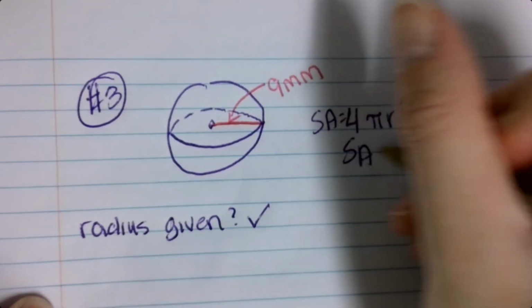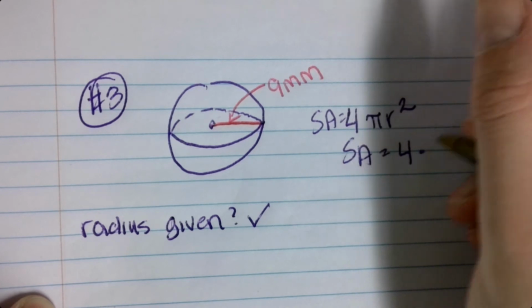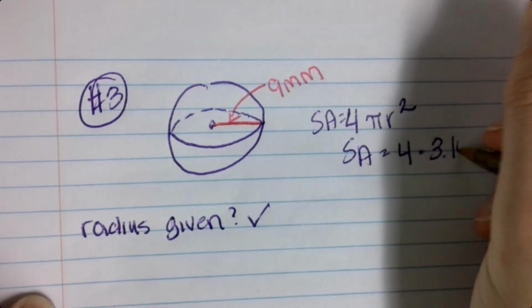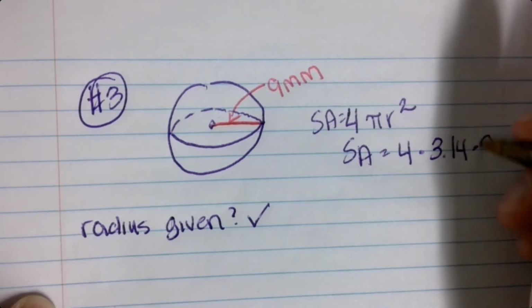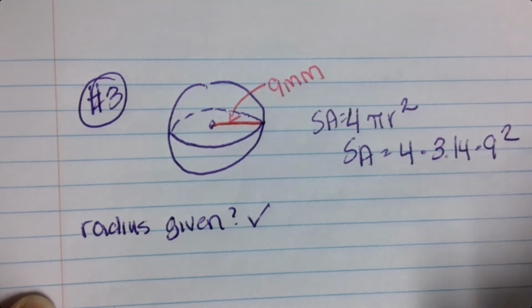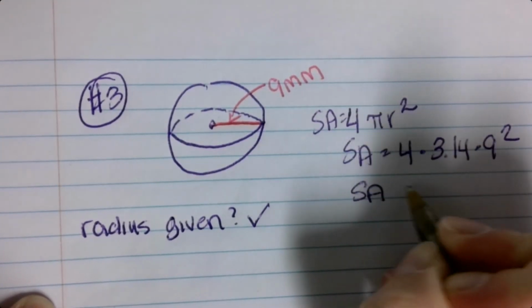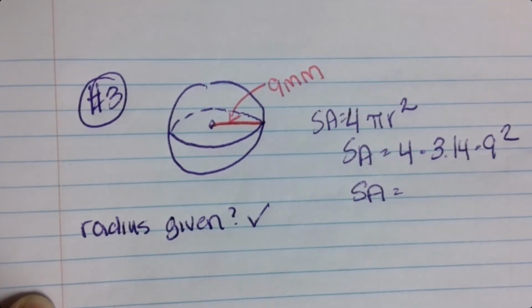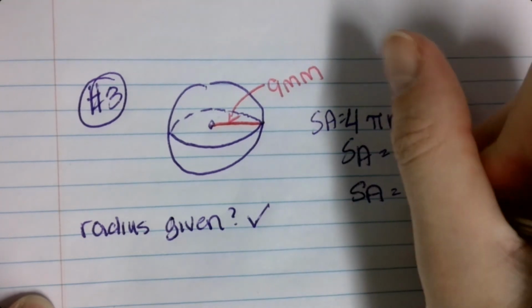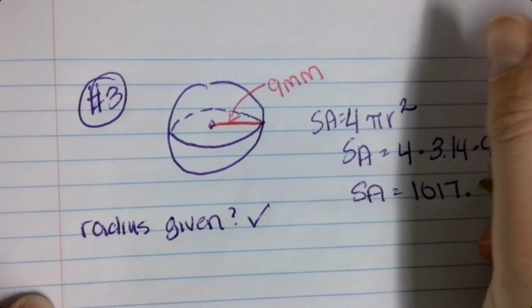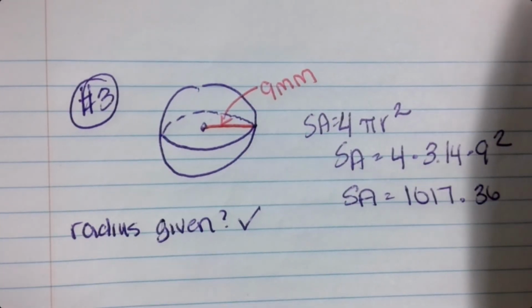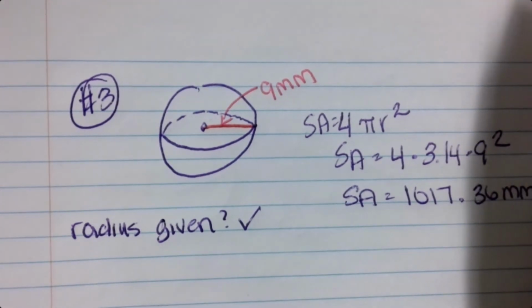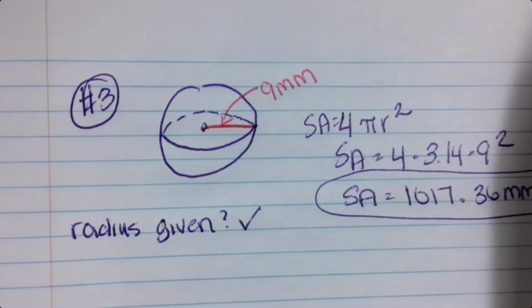You should have done 4 times 3.14 times 9 squared. Literally plugging that in my calculator to get me 1017.36, and that is millimeters squared.